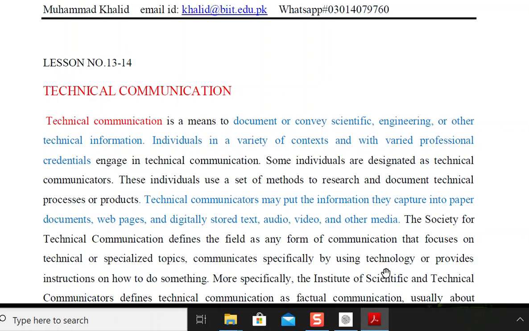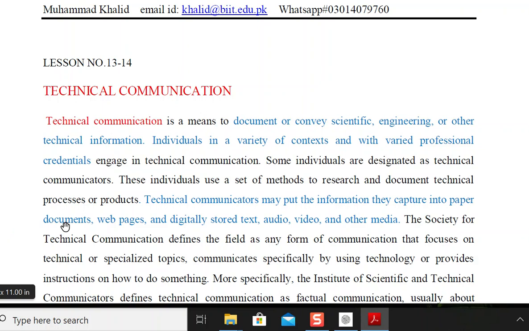This shows that technical communication comprises all professional ways, and the technical communicators have to communicate according to their need and desire, and they have to put all that information, investigation, and research in different documents.